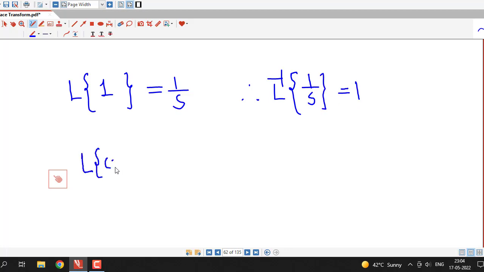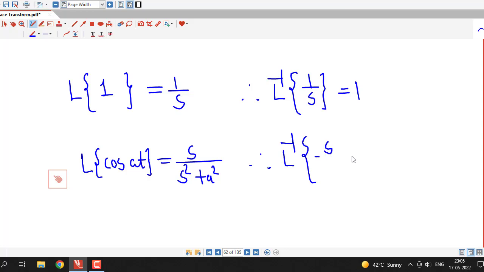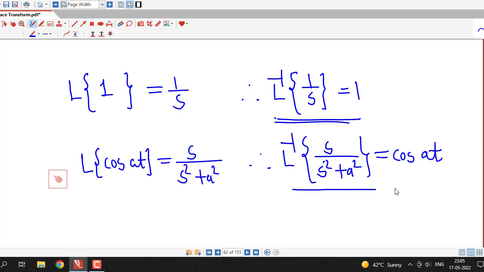Similarly, we know that the Laplace transform of cosine function cos at is given by s divided by s square plus a square. Therefore L inverse of the function s divided by s square plus a square is equal to cosine of at.